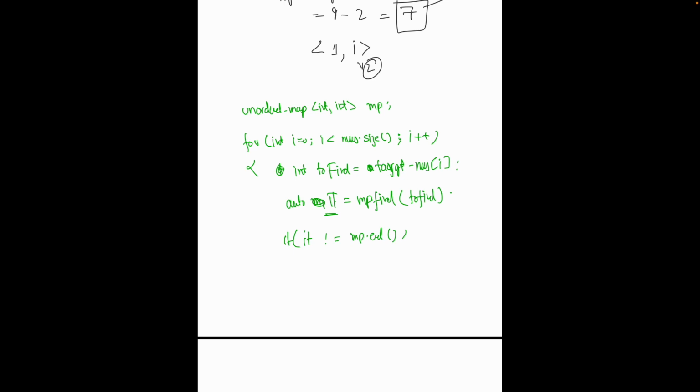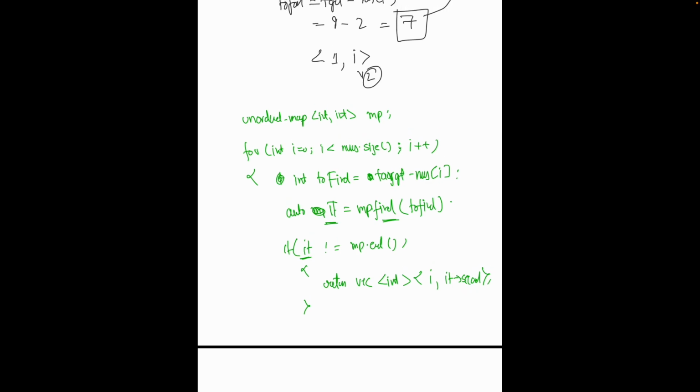In C++, this find method will return the iterator pointing to the value if it finds the value, or else it will point at map.end(). So this condition means iterator is not equal to map.end(), which means the iterator points to the exact value. So what we're going to do here is return a vector of int, and we have to return indices, so we do i and it second.